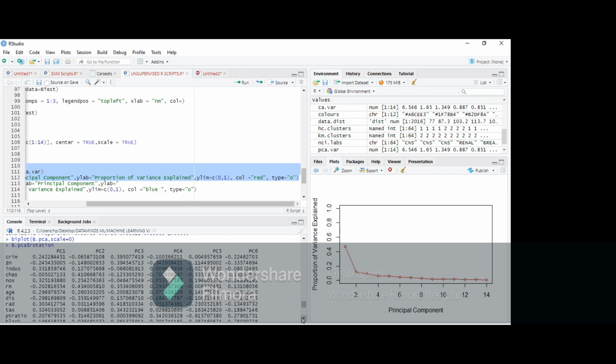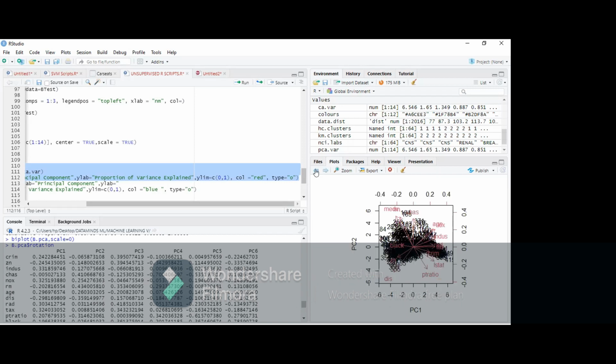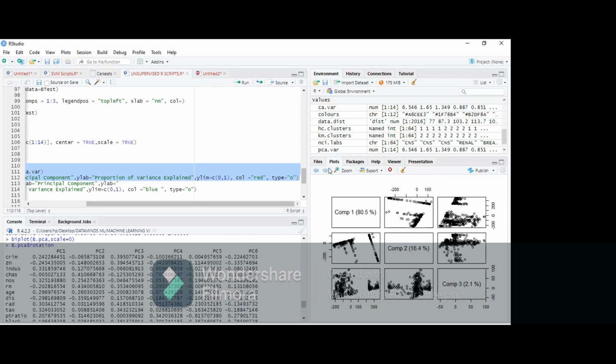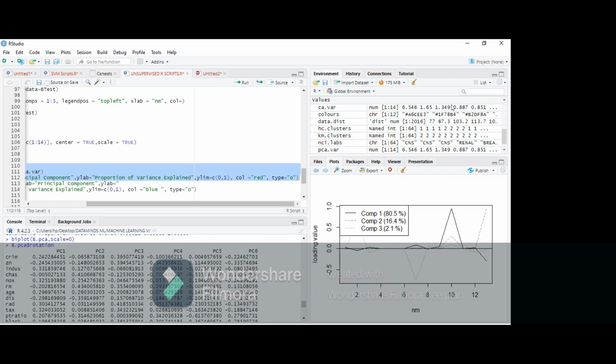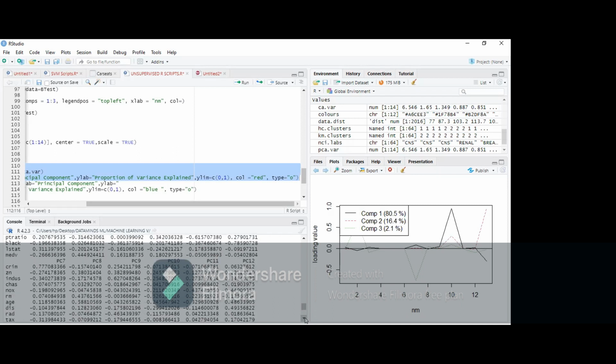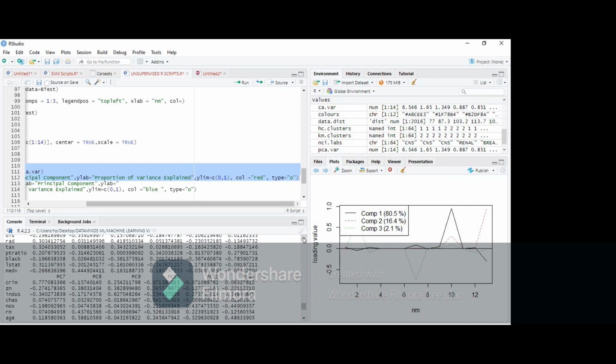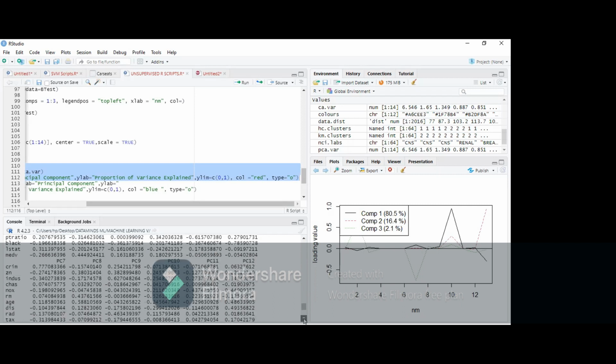Is it not age? You can go there and check anyway. Let's go back and check in component 1. Using the PCR, okay, that's component 10, which is tax actually. So that is the most important variable there. And that's supposed to be tax now. So we can see, all right.